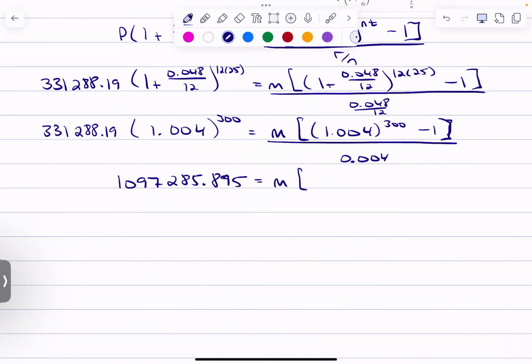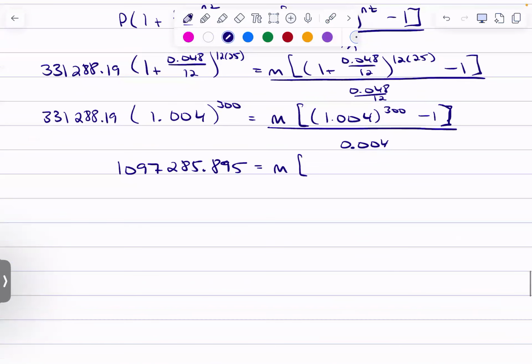M times 1.004 to the power of 300, then minus 1, then divided by 0.004. M times 578.044837.